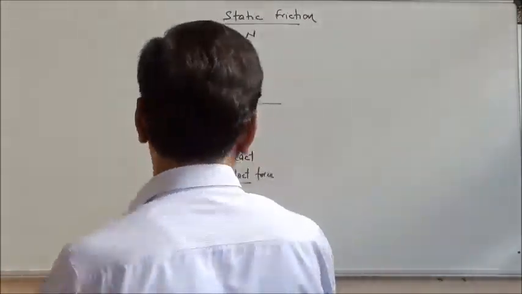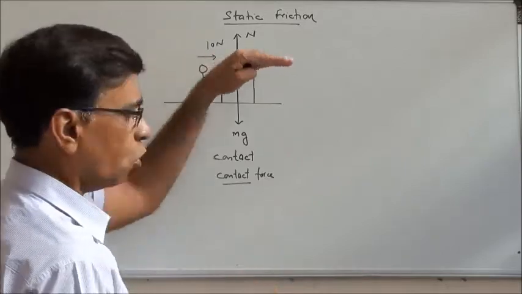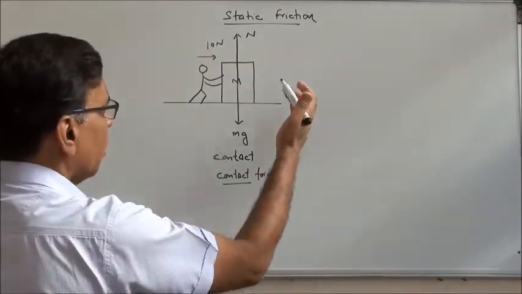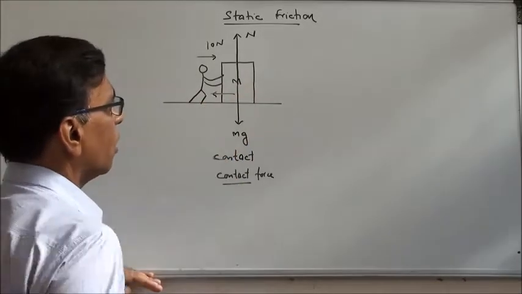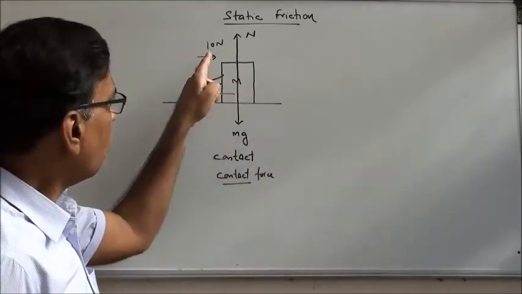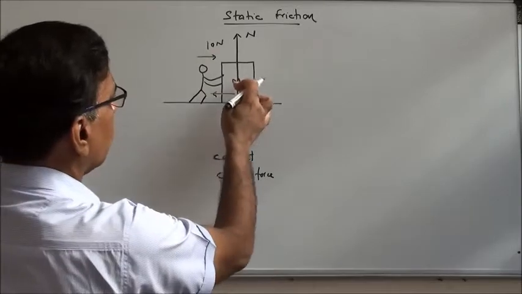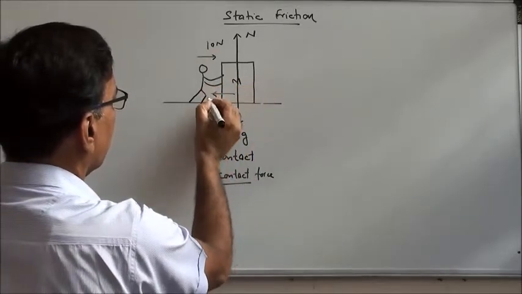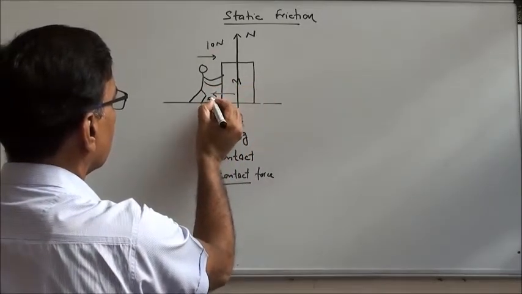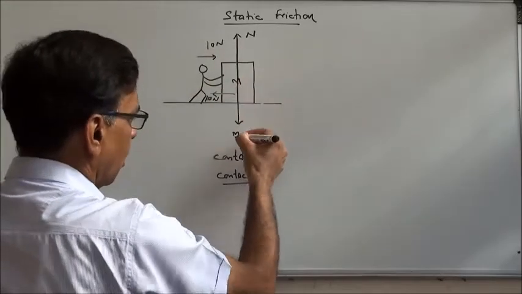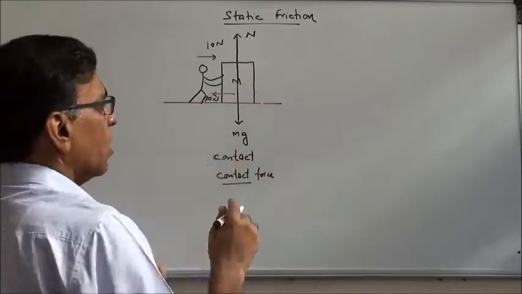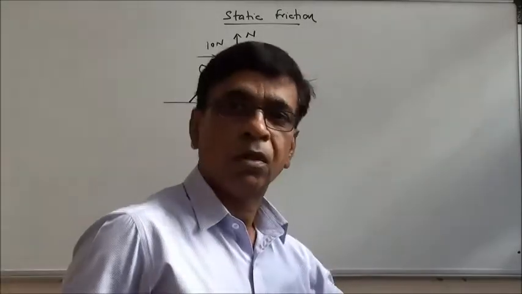So in this particular case, if the object is not moving, it means there is a frictional force on this object in this direction, which is of 10 Newton. So net force is 0. On this, one force is this 10 Newton. This is 10 Newton. mg by earth, N by surface, net force onto it is 0.